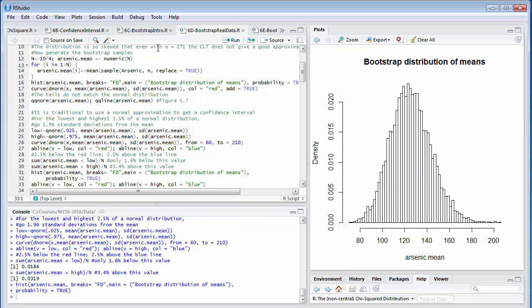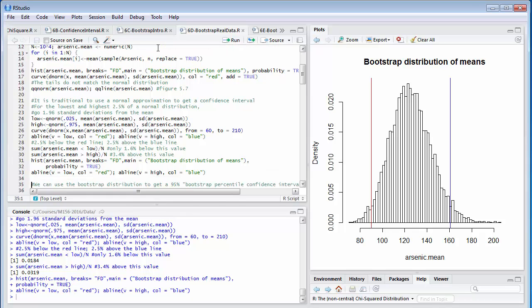This is an attempt to replicate the bootstrap distribution of the means from the textbook. Of course, mine won't agree perfectly with theirs because we each drew a different random sample. Nonetheless, we can look at this and show the low and high numbers from the assumption that it's a normal distribution.